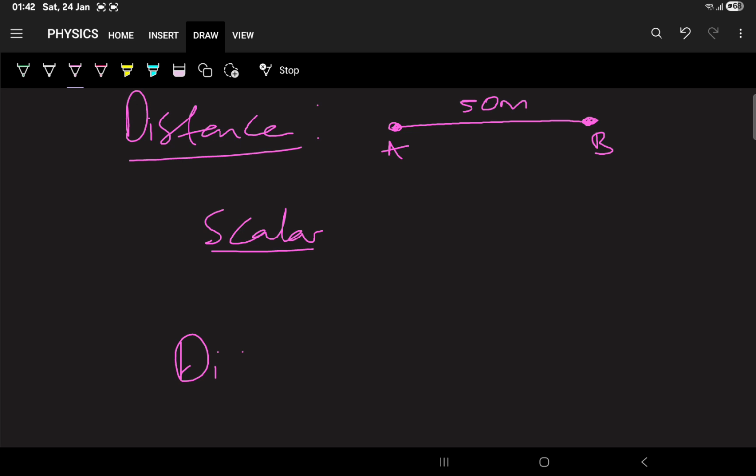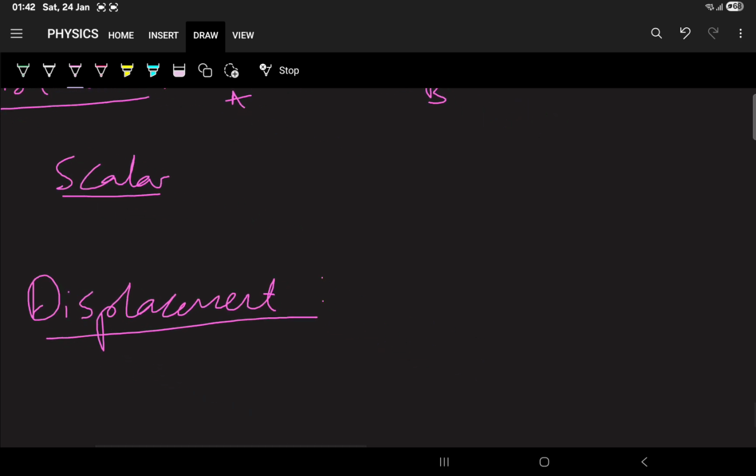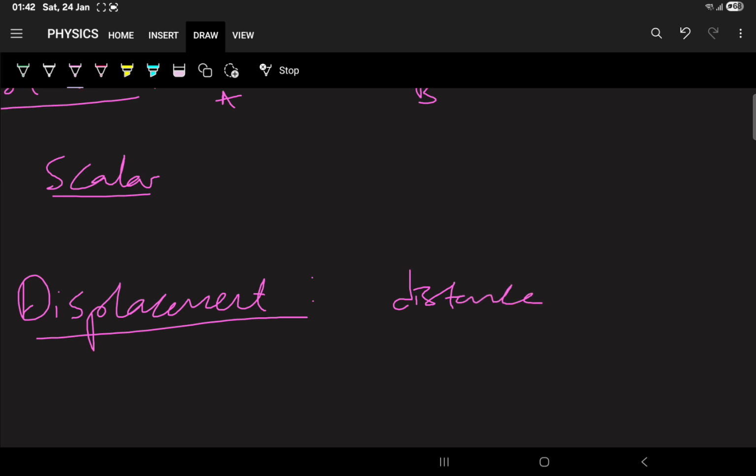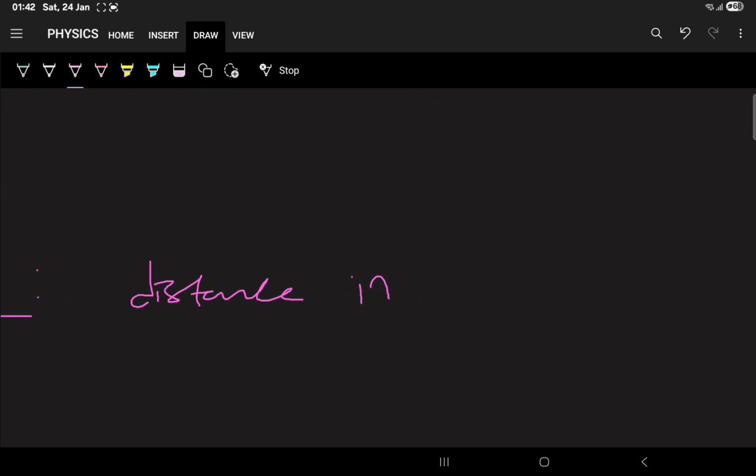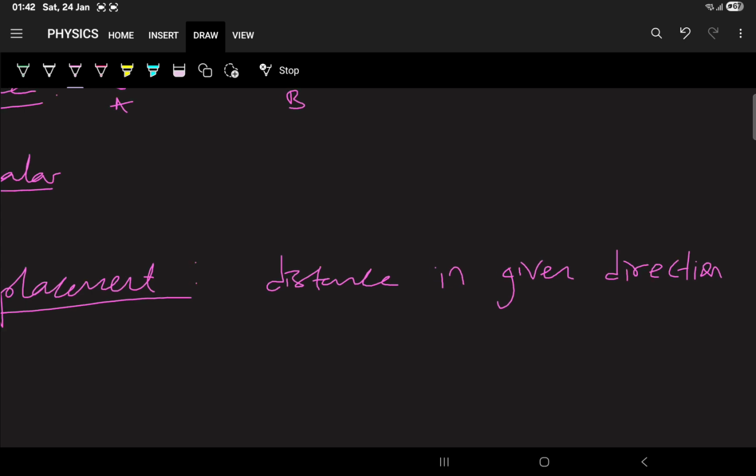Now, let's talk about displacement. Displacement is distance but in a specified or given direction. So when we talk about displacement, we're talking about distance and direction.